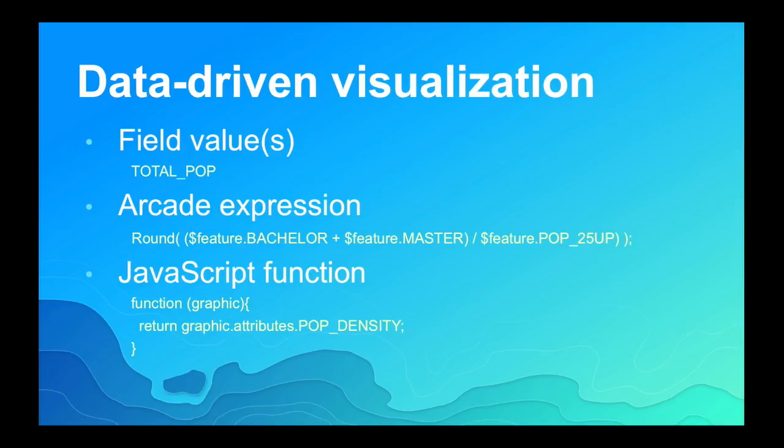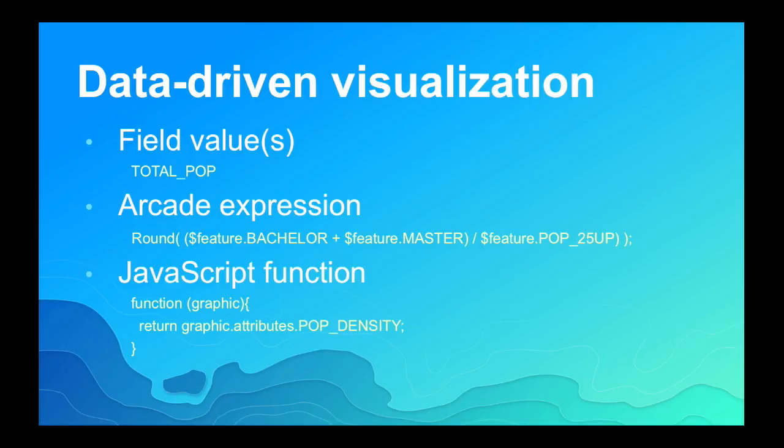But you also have two other options at your disposal, which can be very powerful. One of these is arcade expressions. It's an ArcGIS platform expression language that works throughout the platform. So not just the JavaScript API, but you can use these in ArcGIS Pro, the runtime APIs. You can save them to web maps, to layer items in your portal, and it will read that expression and understand it throughout the platform.